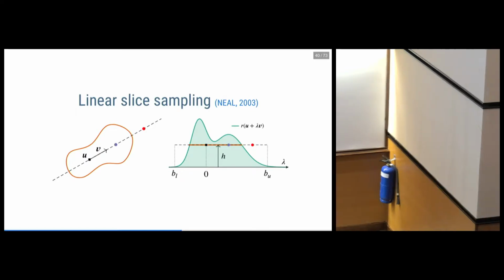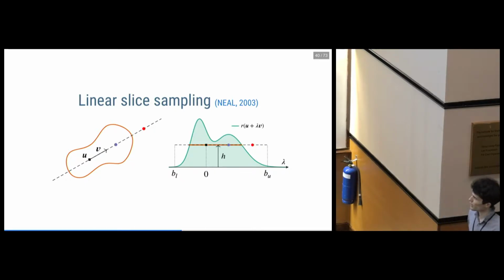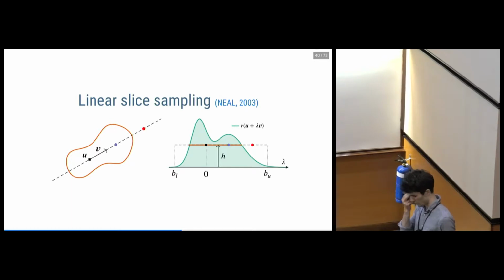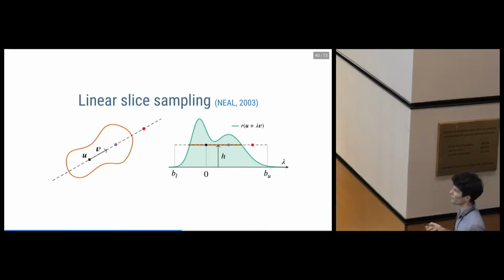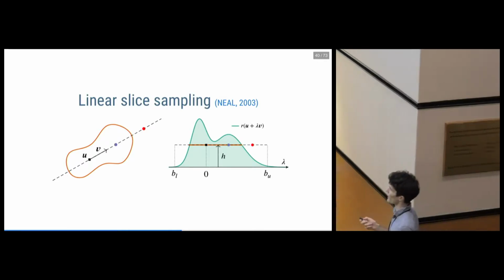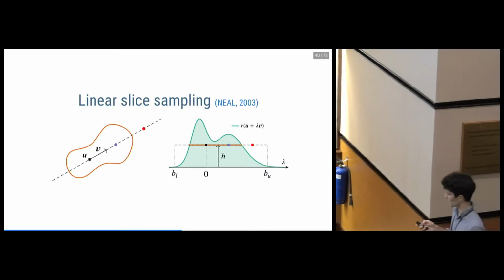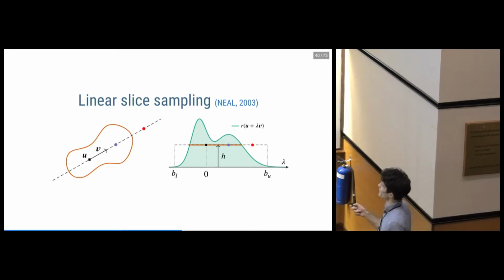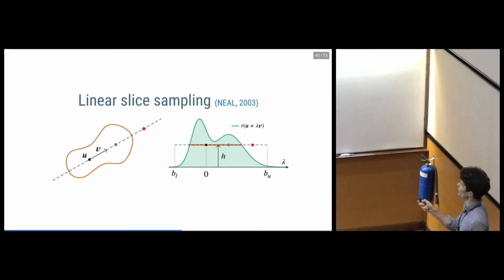The key construction which gives the algorithm its name is this idea of defining a slice for your target distribution. The auxiliary variable construction which underlies all slice sampling methods is that we define an auxiliary height variable as having a uniform distribution between 0 and the value of the density at the current target variable.